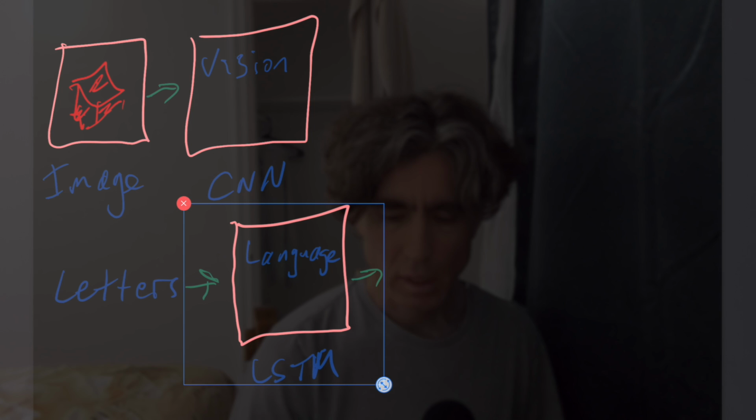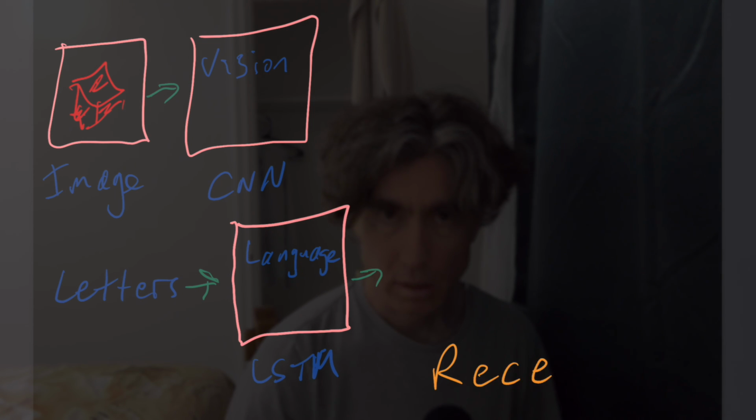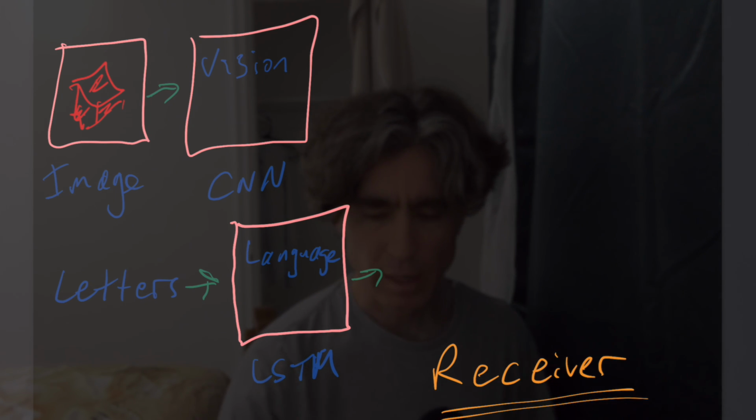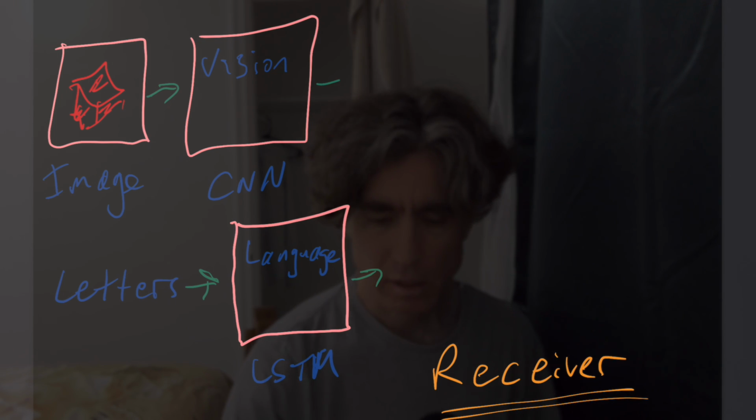Okay, so this is for the receiver. The receiver takes in an image and encodes that into some thought vector. So we can represent that thought vector here.